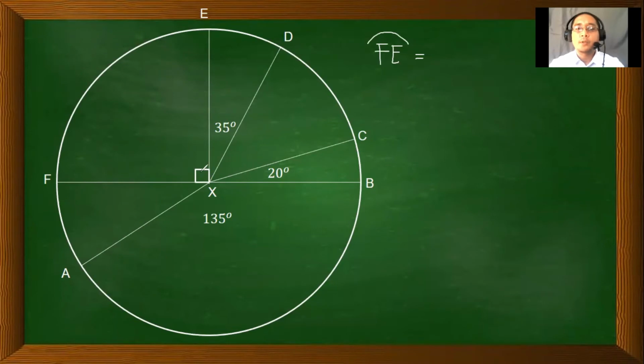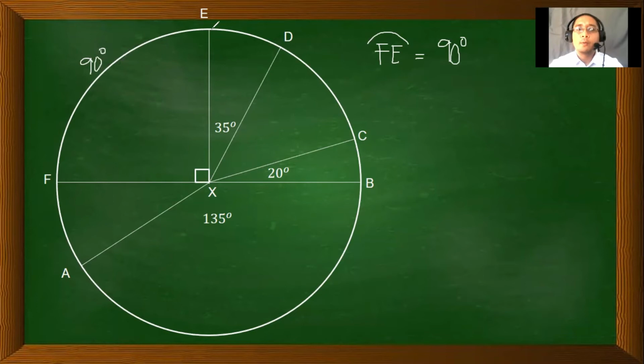A right angle measures 90 degrees. So therefore, applying the central angle theorem, the central angle is equivalent to its intercepted arc, which is arc FE. Direct to the point, the measurement of arc FE is 90 degrees.